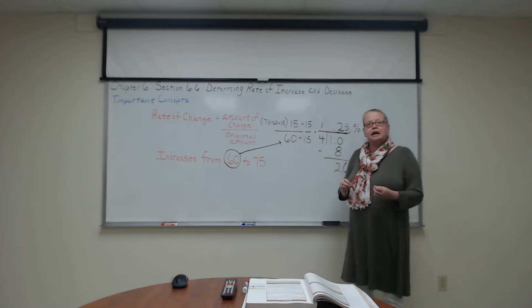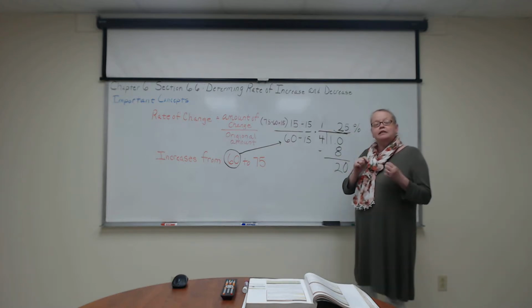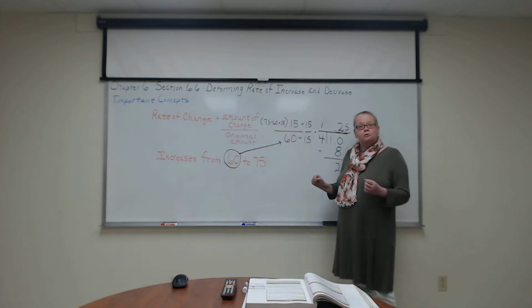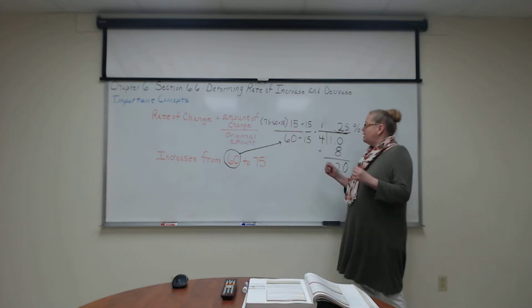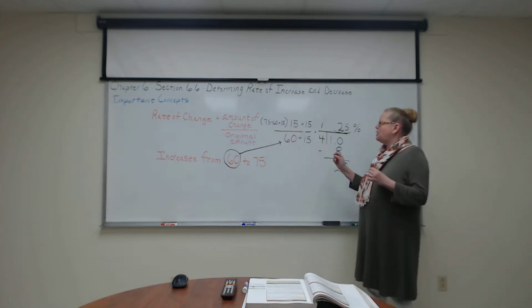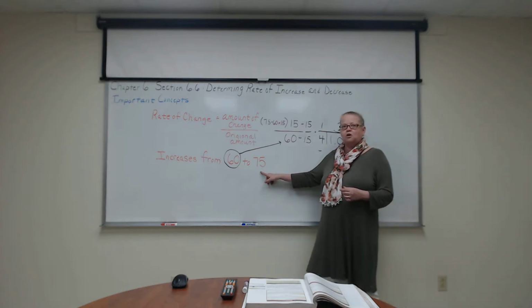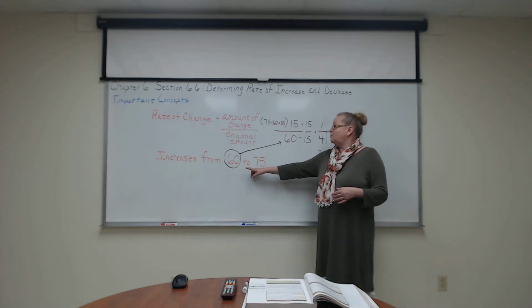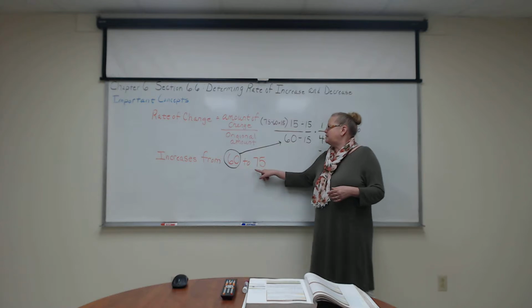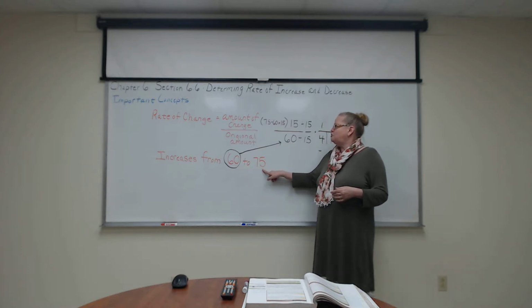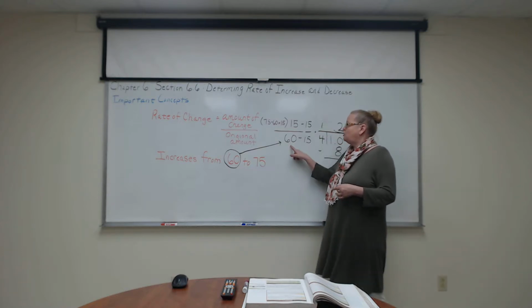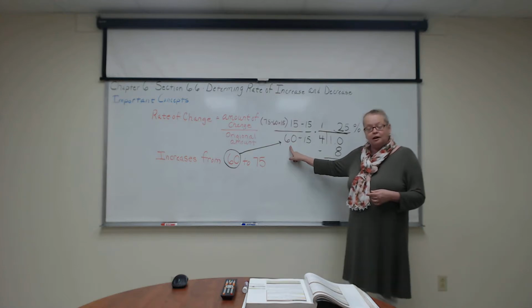So the main step in this type of problem is to make sure that you subtract those differences to get your numerator. The next thing that we do is we go with our original number. In this one, it was increasing from 60 to 75, so we're going to use 60 as our denominator.